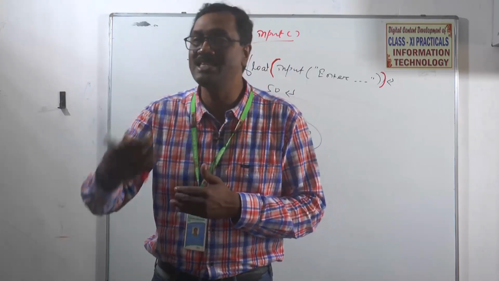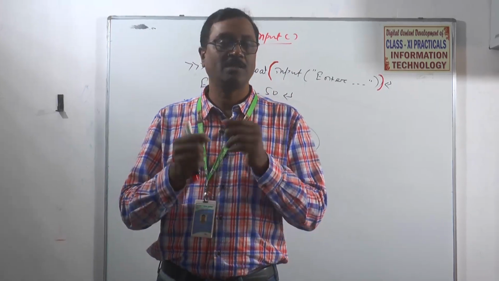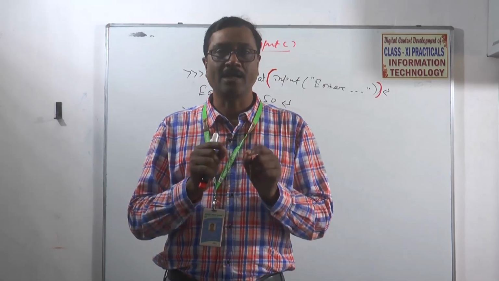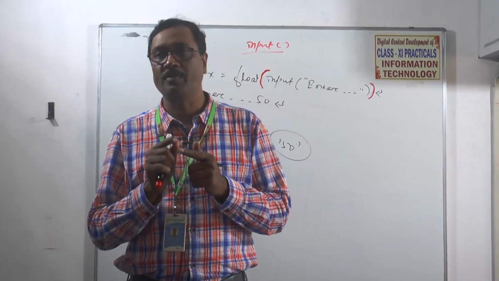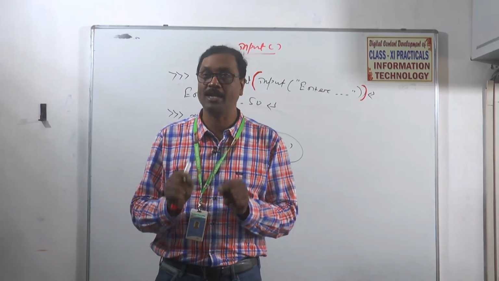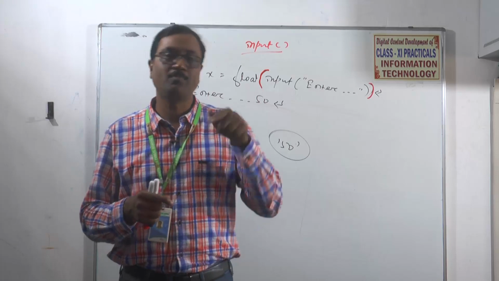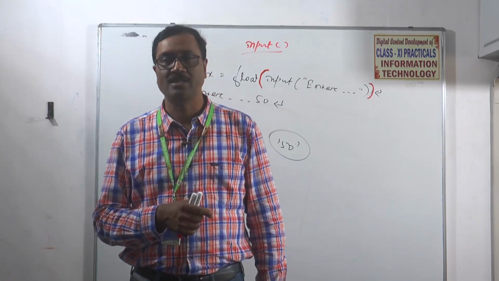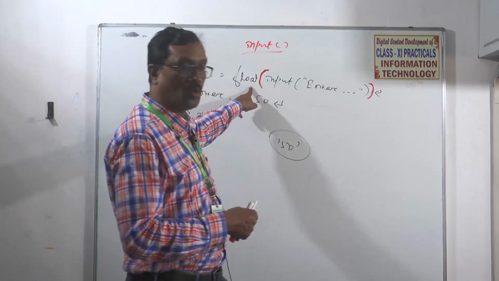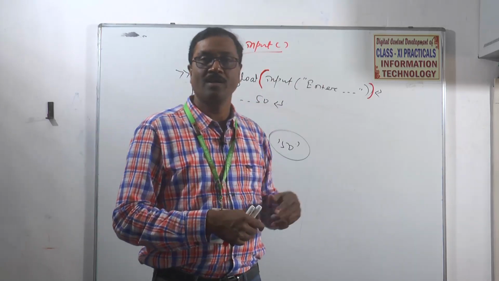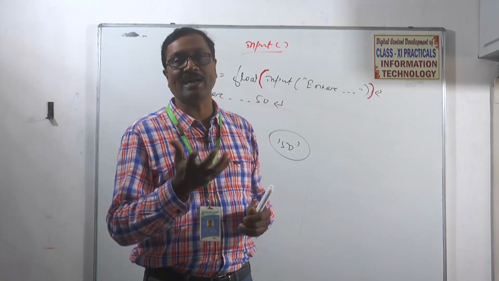By force changing the data type. Because the default data type of accepting the data with the help of the input function is string. And if I want to change it to integer, then by force I have to change it. That is int. So that's why I am writing int or float or something like that. Clear? So this is how we are accepting the data.